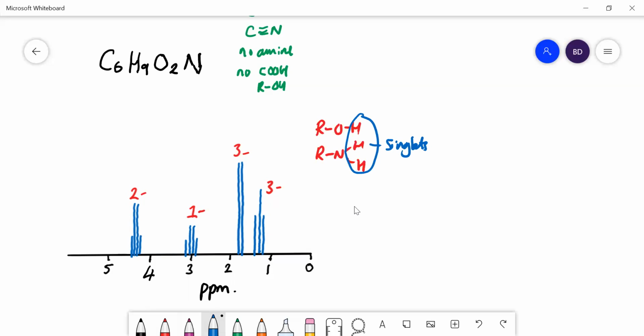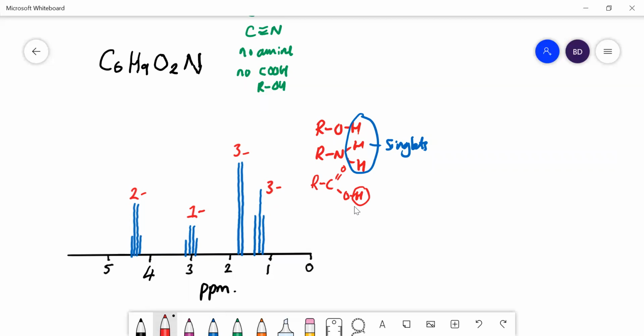They're all quartets, triplets, doublets. And also confirming from the infrared, there's no carboxylic acid because we'd get a singlet, and that OH hydrogen has a ppm of about 12, and there's nothing anywhere near as high as that. So we've ruled all that out.